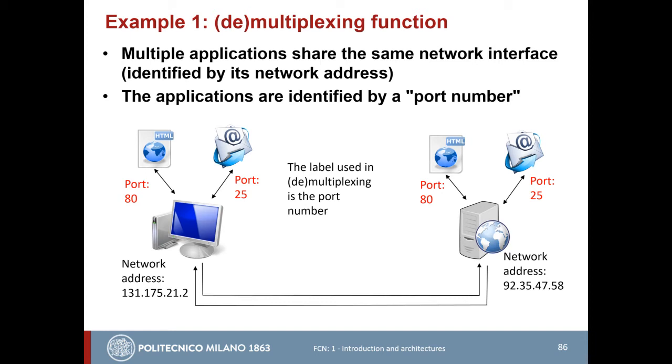So how to identify the different flows? You need to introduce identifiers at this level, so that when you are delivering data to the applications, you are addressing the correct application. And this is done at the transport layer by introducing port numbers that surely you have already seen somewhere.